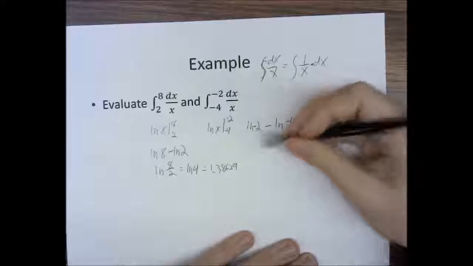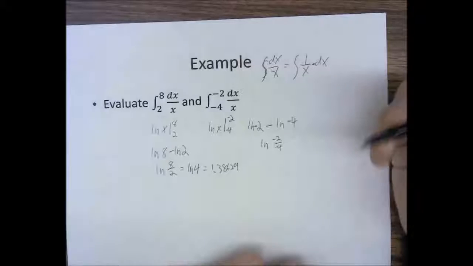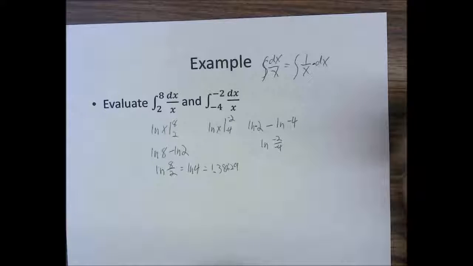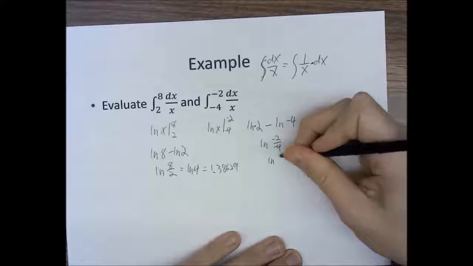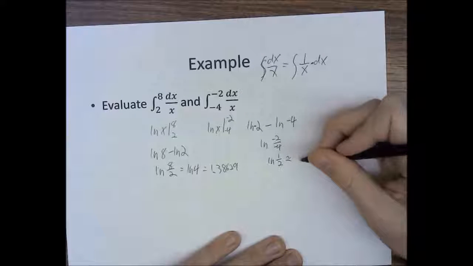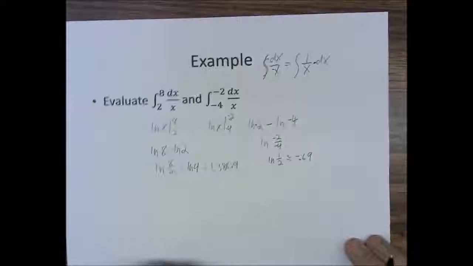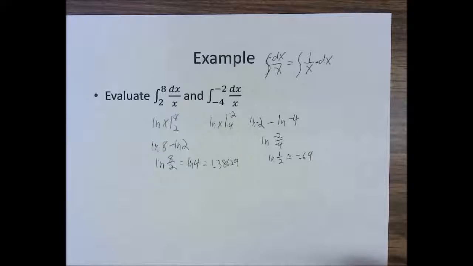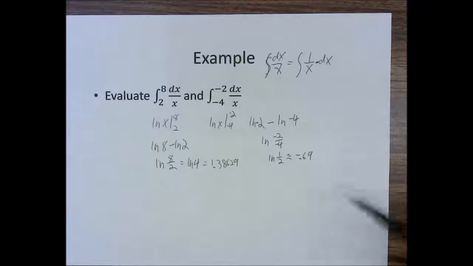So that just gives us natural log of -2 over -4, which just gives us natural log of 1/2, which is going to be about -0.69. Now, you could have also just plugged into your calculator natural log of -2 minus natural log of -4, and it would still give you the same answer.